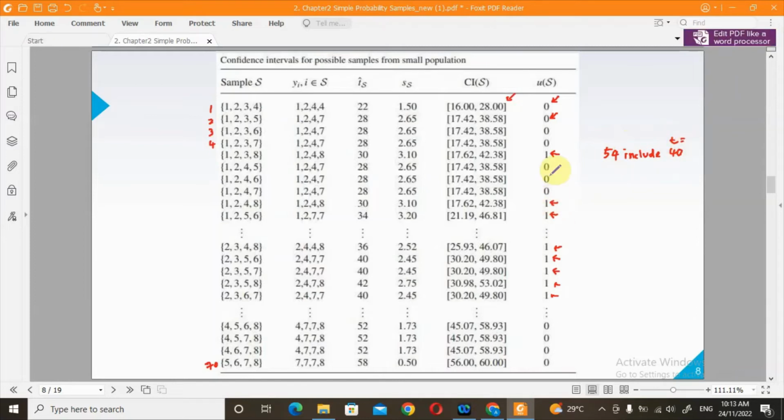This is number 1, this is number 2, number 3, until number 54. I think it will be around here. This is number 54, right? And the rest will not include the population total equal to 40, the ones that we mark with 0.